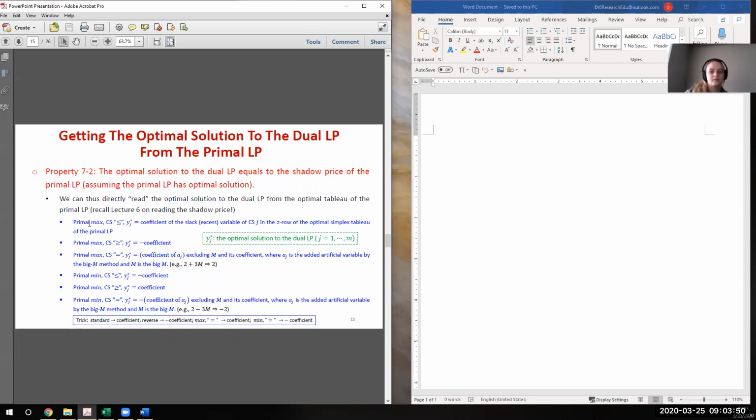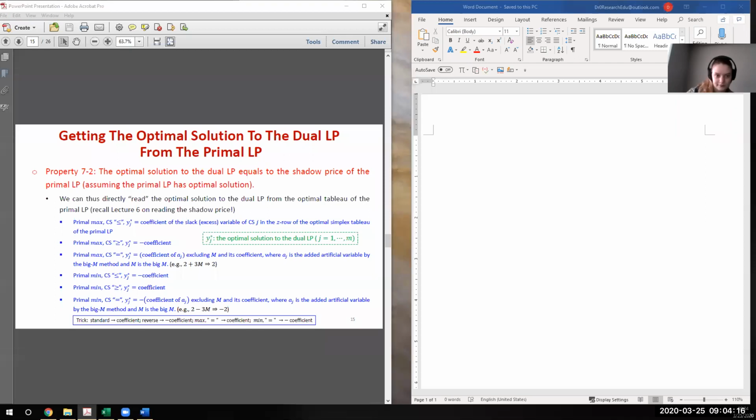If it's standard, meaning that the maximum the constraint is less than or equal to, then yj simply equals the coefficient of the corresponding slack or excess variable. And if it's maximum greater than or equal to, or minimum less than or equal to, then that equals the negative coefficient here.